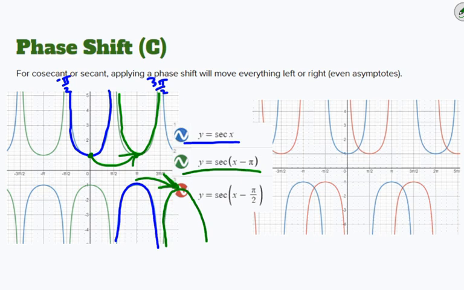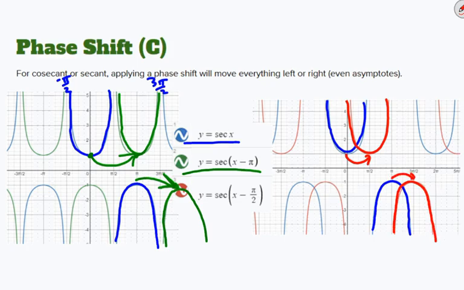Next one, we're moving to the right only pi over 2. So I have this again starting, and it's easy to show. I moved it over to the right to get to the pi over 2. They end up overlapping with the parent function, but that's okay. It needs to meet over only pi over 2.